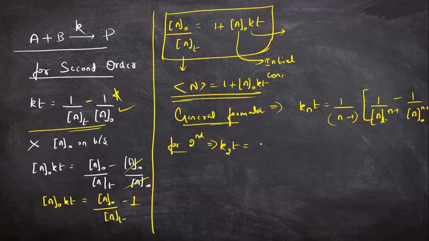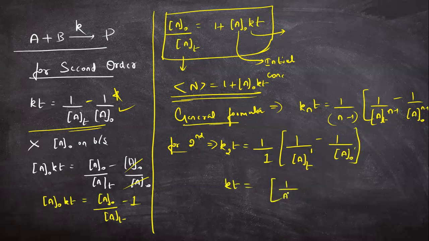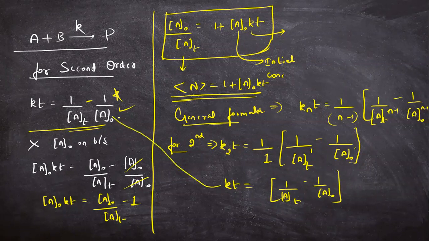So K2T equals 1 upon n minus 1, where n is 2, so 2 minus 1 is 1, into the bracket 1 upon AT raised to 2 minus 1, which is 1, minus 1 upon A naught raised to 1. So I can simply write it as KT equals 1 upon AT minus 1 upon A naught. So this is the equation.